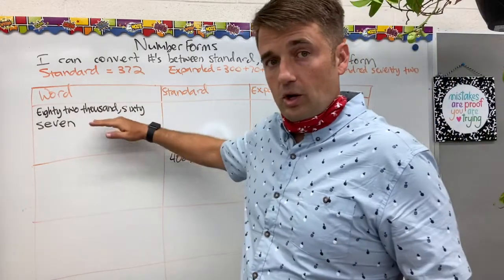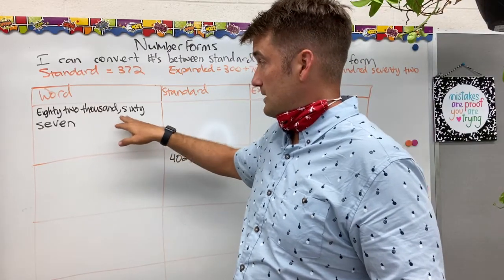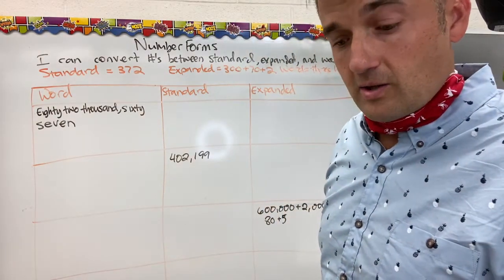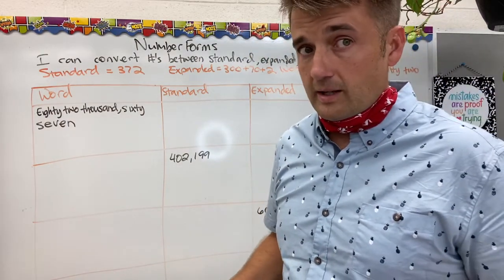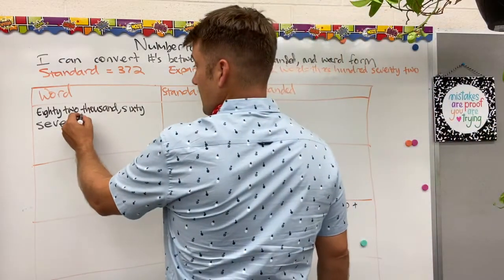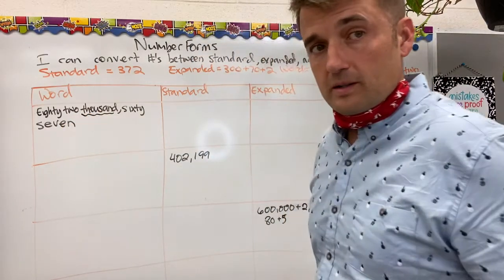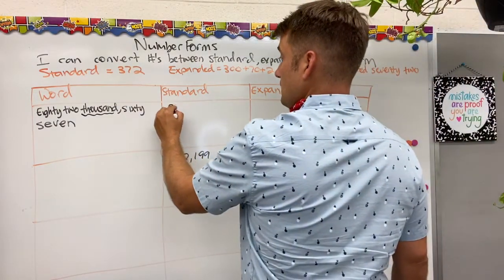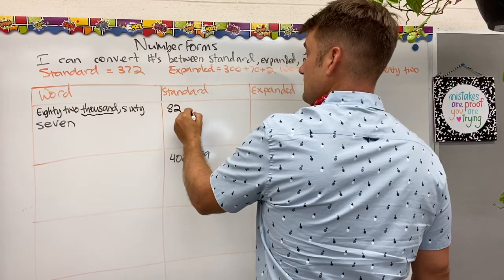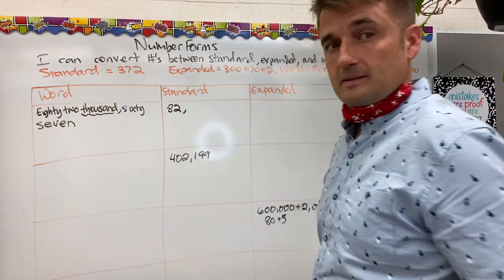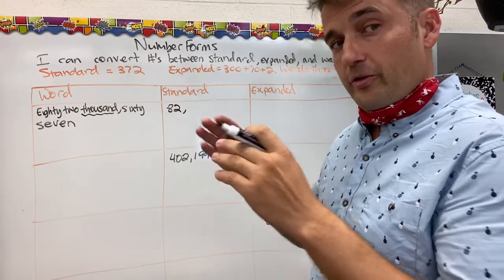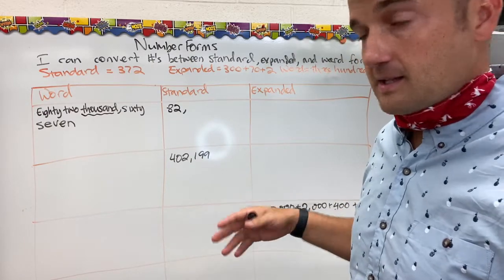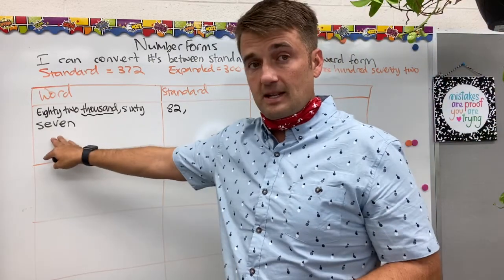So in my chart here, I have 82,067. If I wanted to write that in standard form, what would that look like? Well, remember, we're looking for names of periods. It's 82 in the thousands group, and then the ones group or period comes next. In that group, all I have is 67.